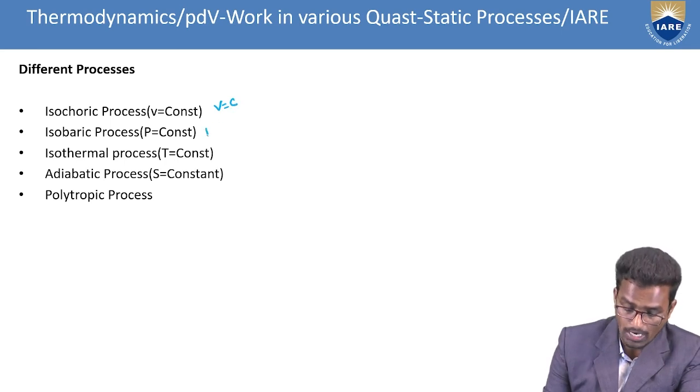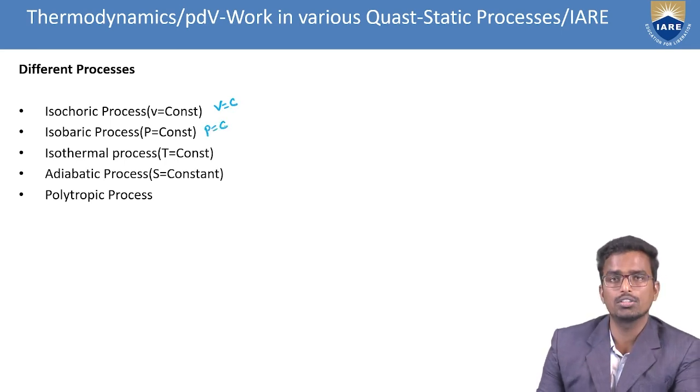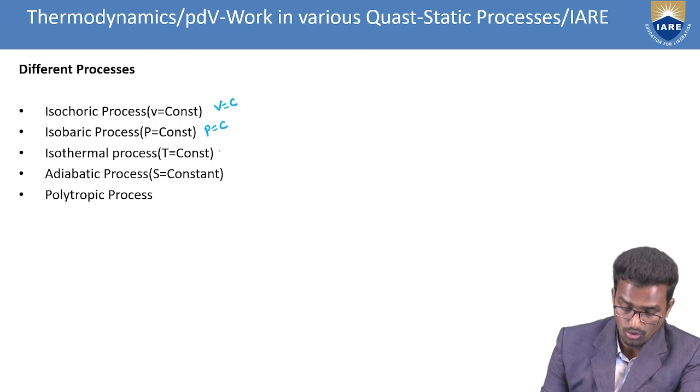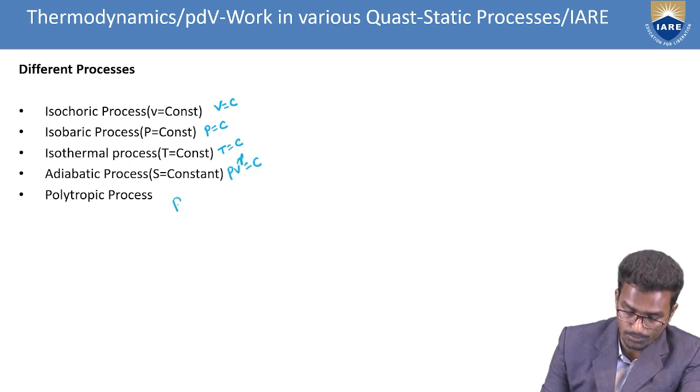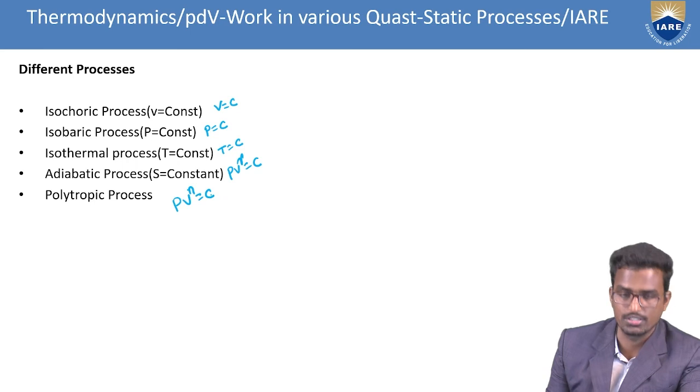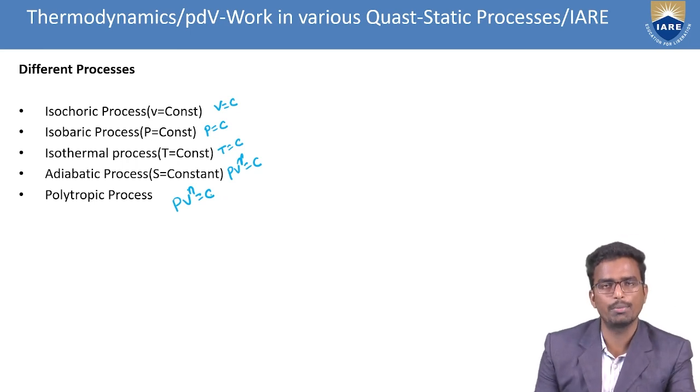Isobaric means it happens at constant pressure. An isothermal process means constant temperature, an adiabatic process means PV^gamma is equal to constant, and polytropic means PV^n is equal to constant. When a system behaves like this, you can call it by these different names.